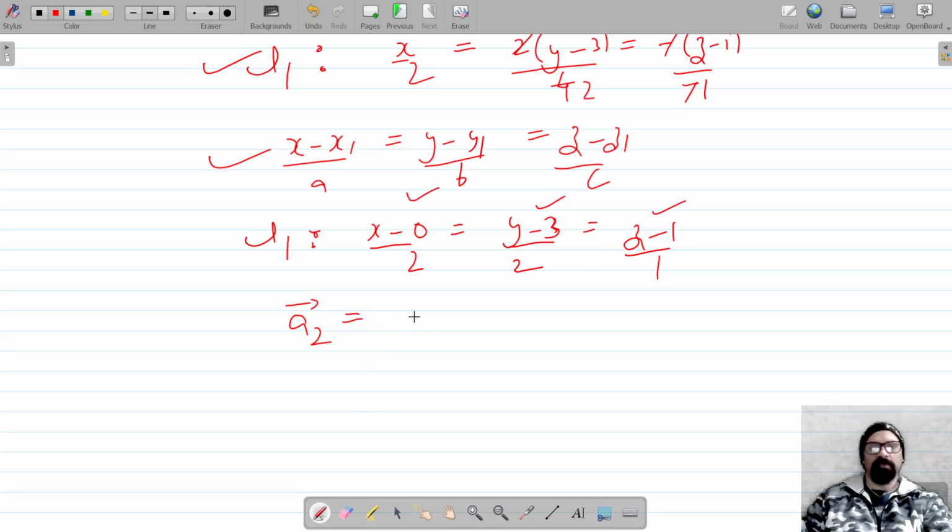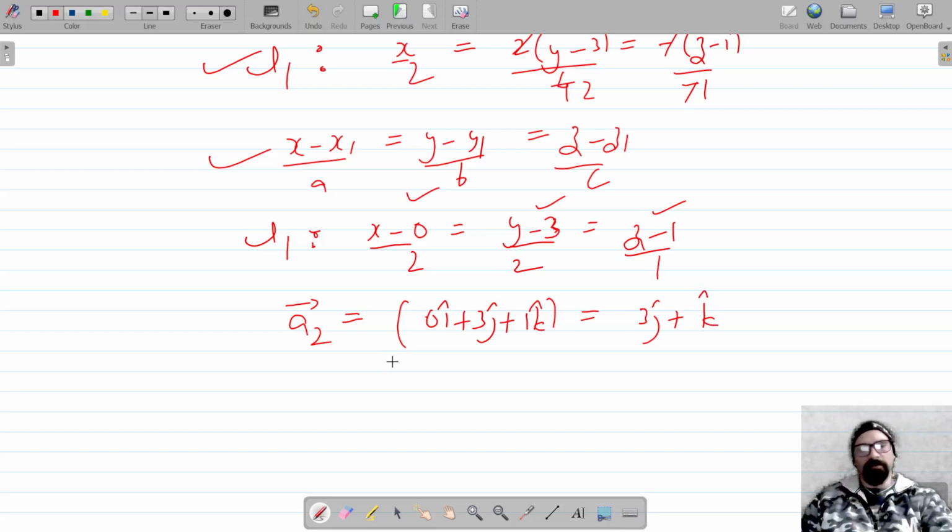So the position vector is 0 i cap plus 3j cap plus 1 k cap, which is equal to 3j cap plus k cap. So this is the position vector through which the line L1 is passing, A1.